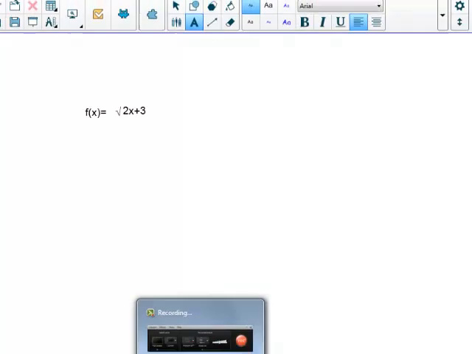All right. Square root of 2x plus 3. I'm going to pause this and I'll come right back.